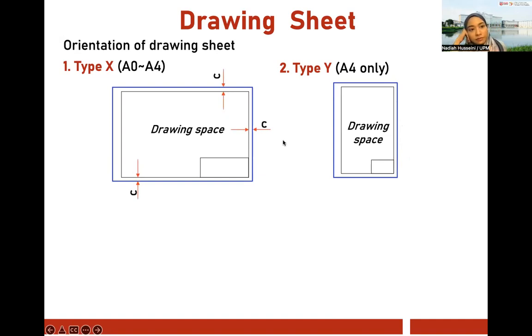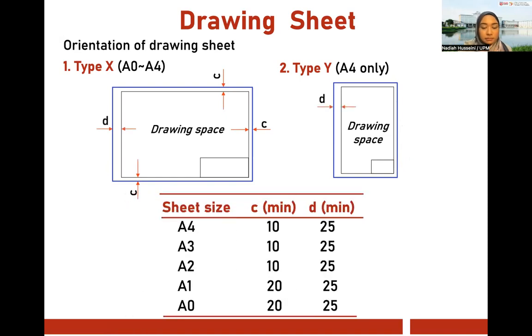Okay, so the dimension for C, as we saw last time for our A3, was 10. We measured using AutoCAD's measure tool, and it was 10. And if you want your border over here slightly bigger, you can use this 25.